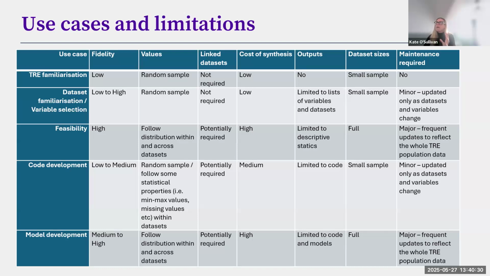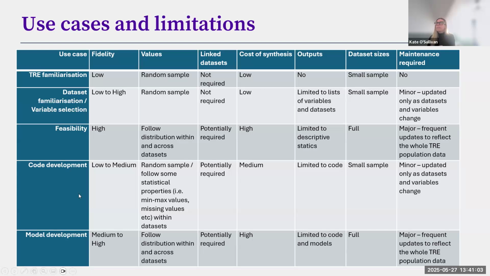So in terms of some of the interesting things that came out of this, for TRE familiarization, so just how the TRE works and how data is available, that is low fidelity, very low maintenance, etc. For variable selection, we know that there is a range of fidelity that could be offered, but there are only minor updates to data sets and variable changes that need to be done on an annual basis.